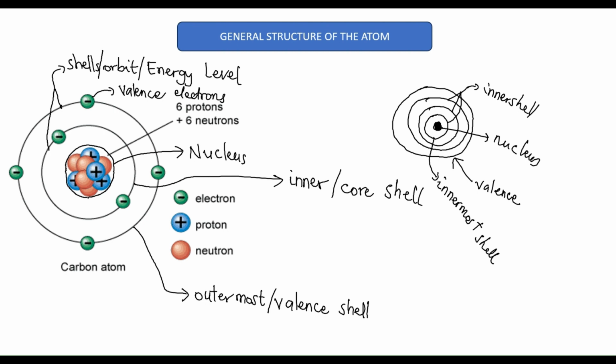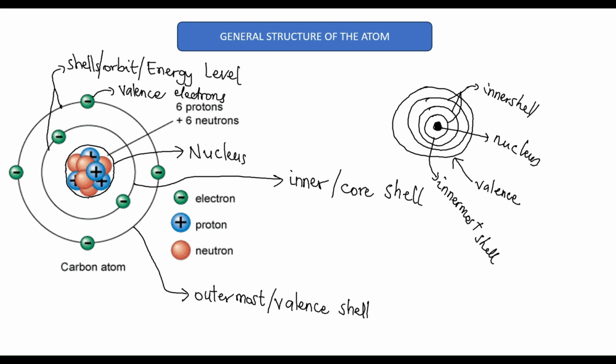Core electrons refers to all those electrons on the inner shells. It may be one, two, or three, on different shells. Based on the position of the electron, the name also changes. If the electron is on the outermost shell, we call it a valence electron or outer electron. If the electron is in any of the inner shells, it's called an inner electron or core electron.